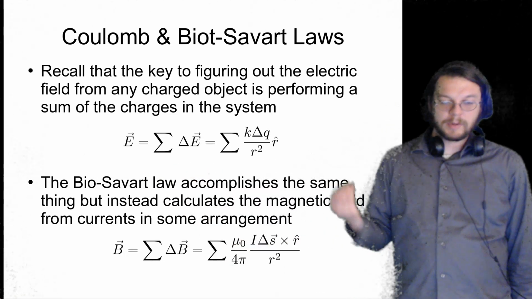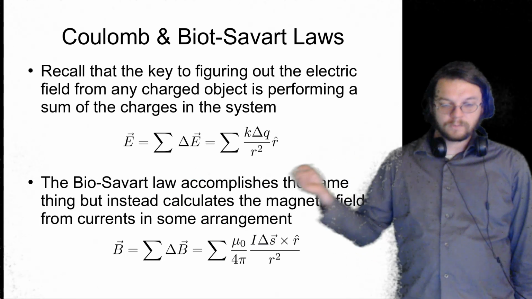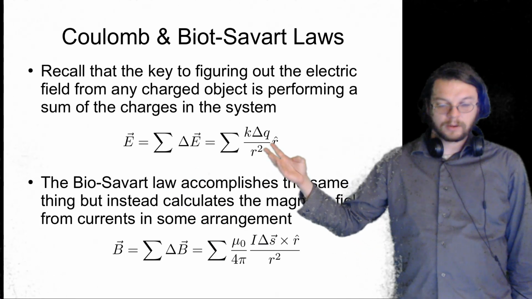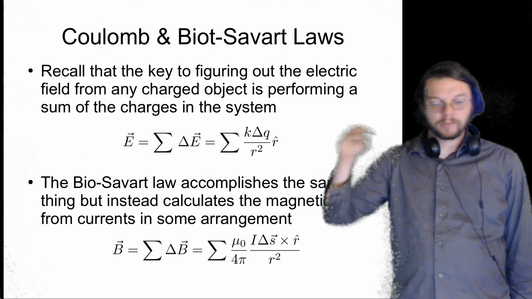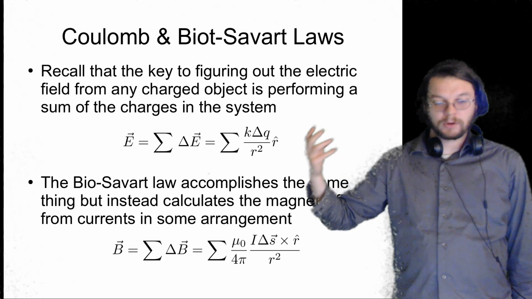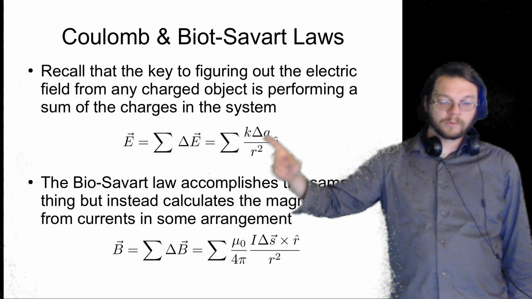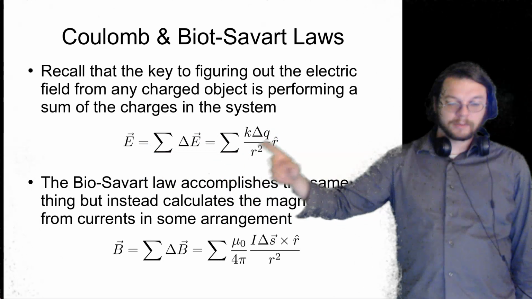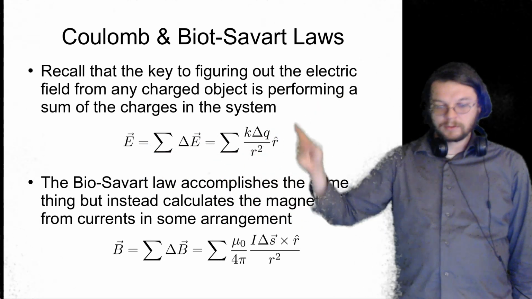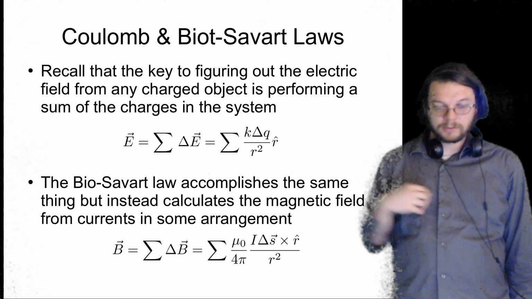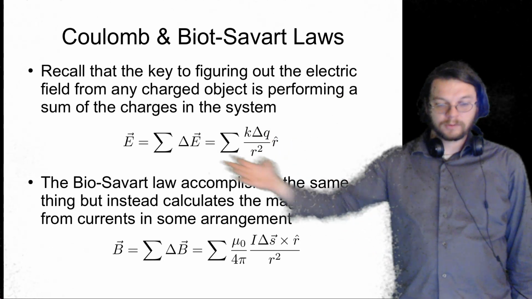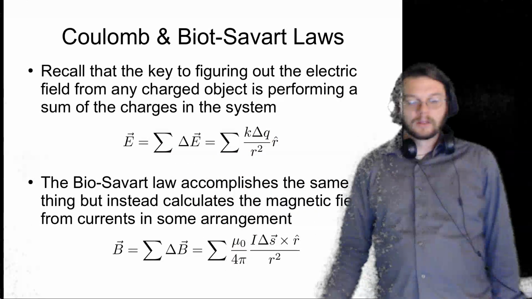Basically the spirit of it is that we used to think about having different charges in different places or distributions of charge, and we wanted to figure out what the electric field was. So we would do a sum over all those charges, acknowledging that each one of them has some electric field vector that it's producing, and we would add up all those electric field vectors to produce the electric field.